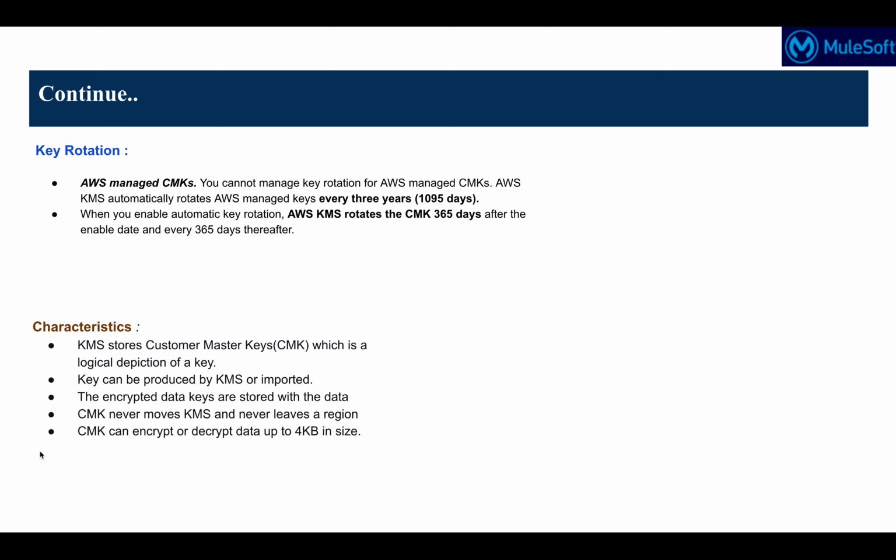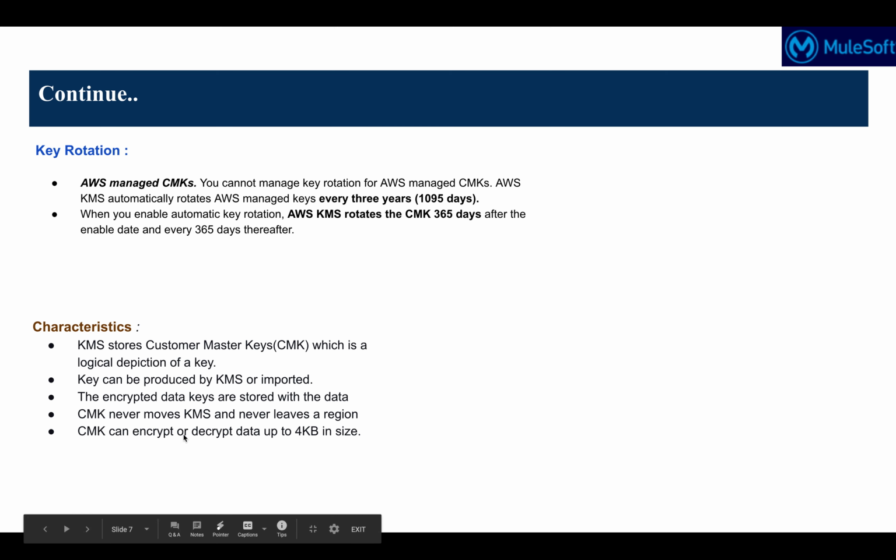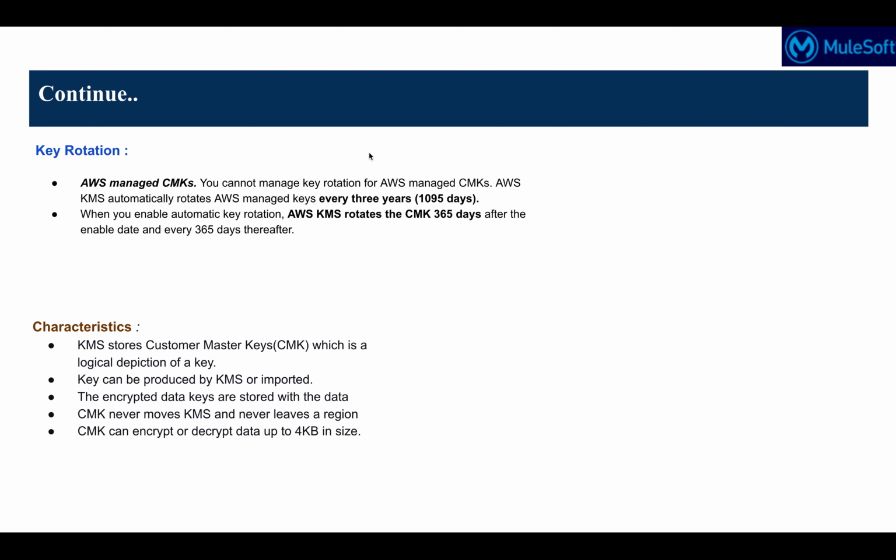Otherwise, if you want to encrypt more data, like 5 GB or 10 GB, you can create a data key, and with the help of the data key you can encrypt as much data as required and keep it in the bucket or in persistent storage, because the encryption capability is only limited by the key management components in AWS, and the CMK is only eligible for, or has limitations to, 4 KB size of encryption.